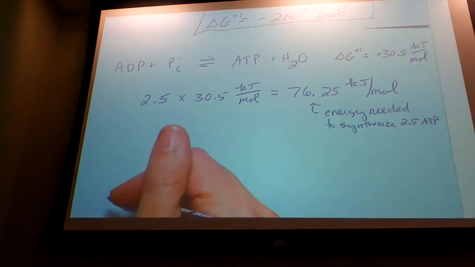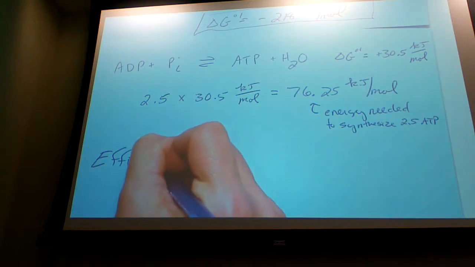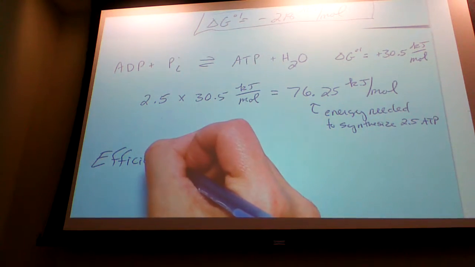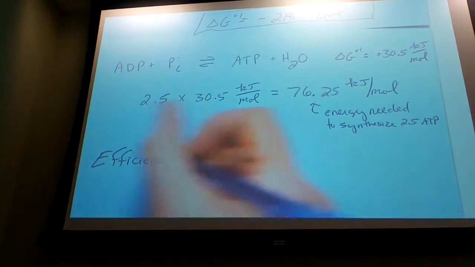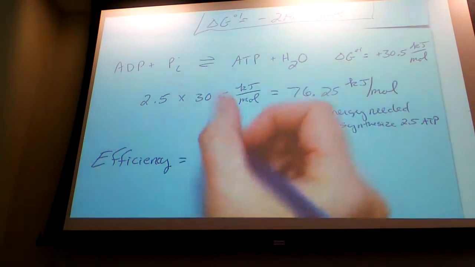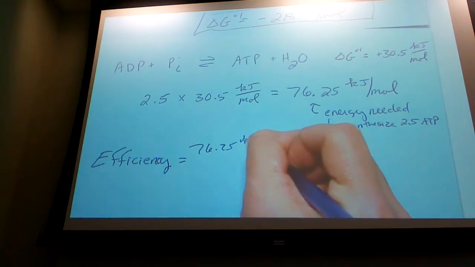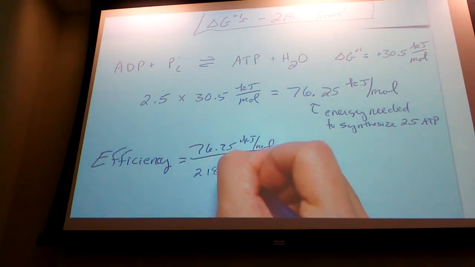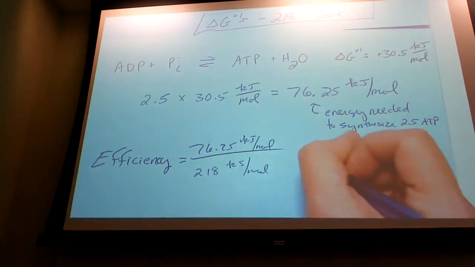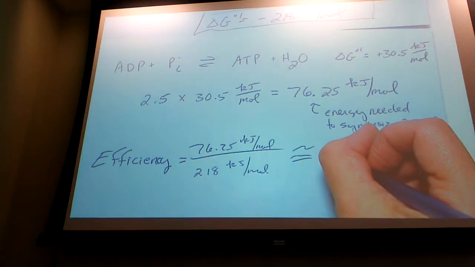Oh, yeah, we're lousy. So our efficiency, although, you know, we're so much better than anything man-made, the efficiency here is 76.25 kilojoules per mole divided by the 218 kilojoules per mole, which is about 35%.